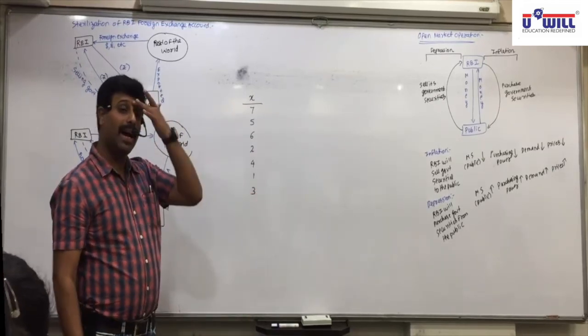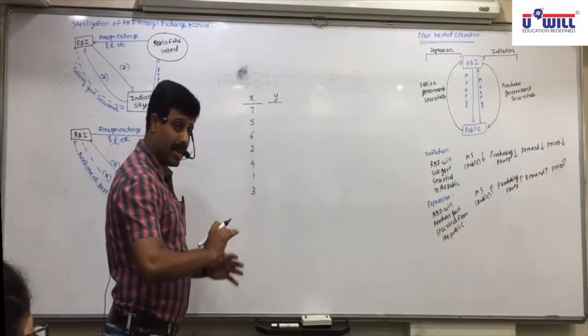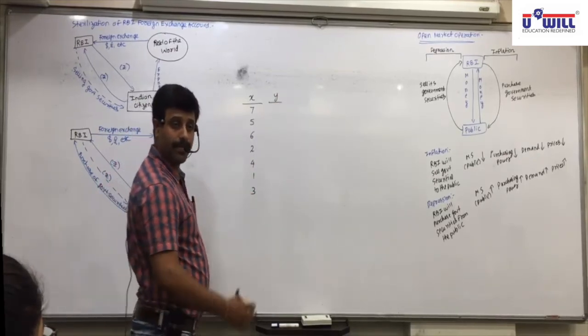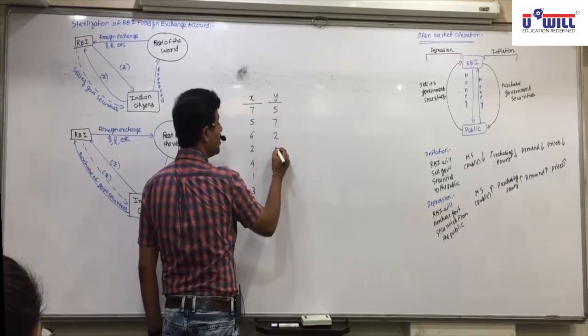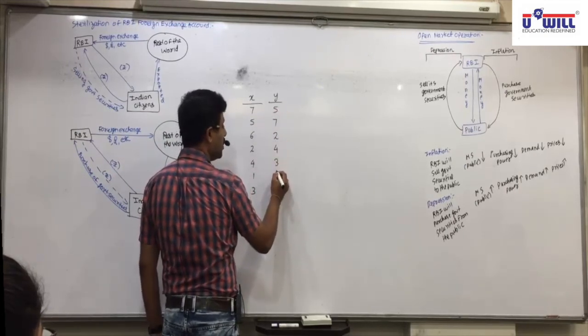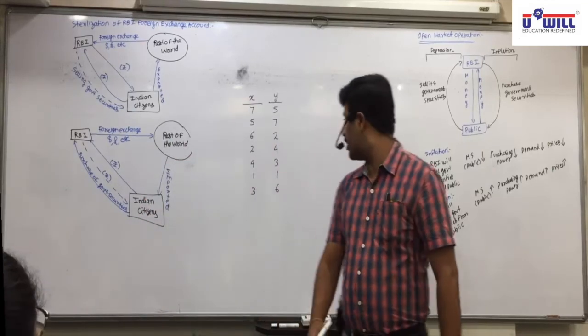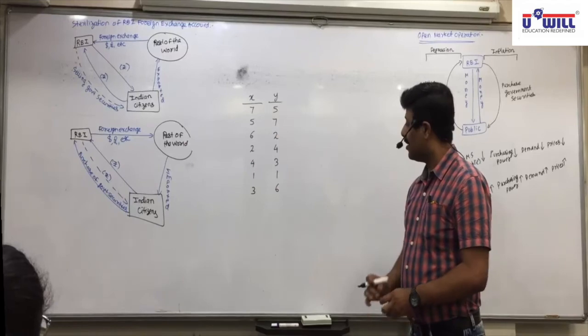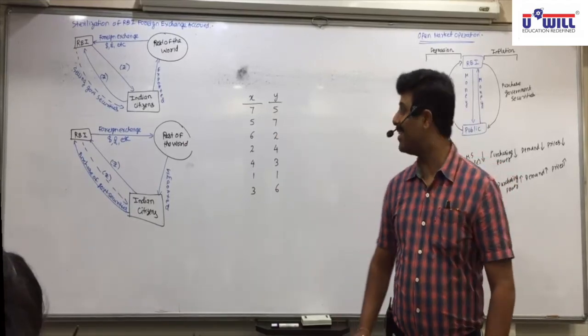Okay, and Arya, same 7 natural numbers. Tell me again in some other different order. 5, 7, 2, 4, 3, 1, 6.